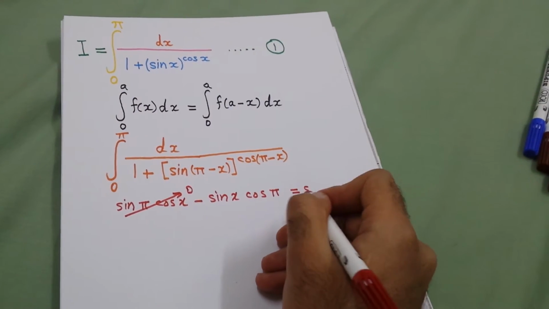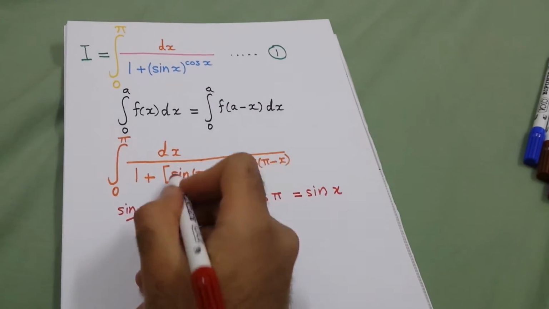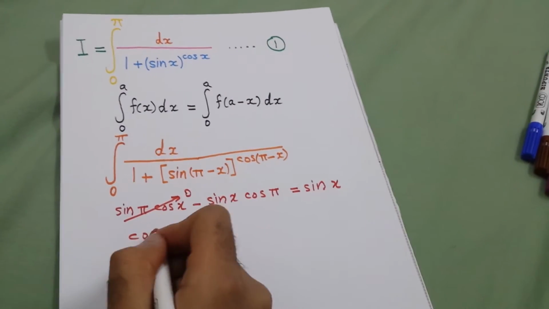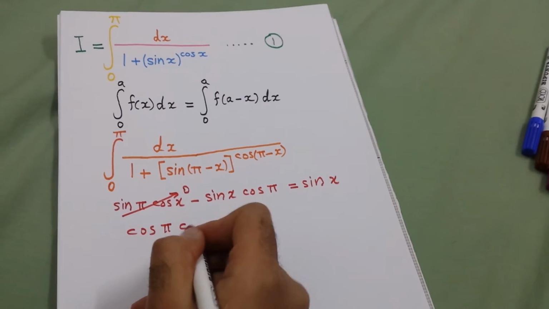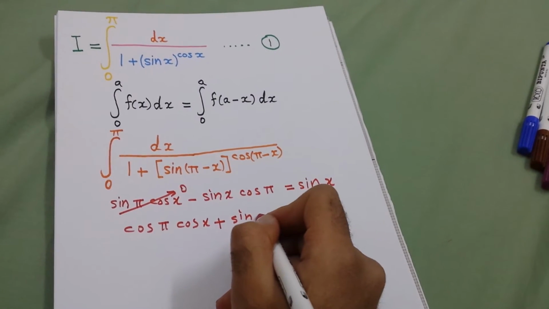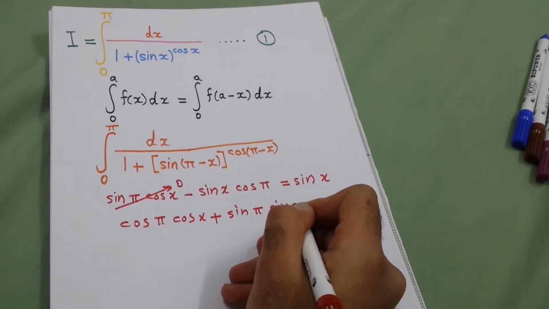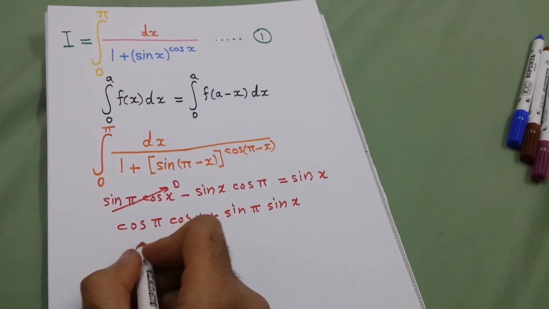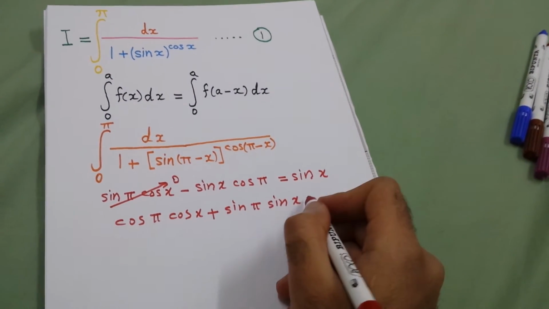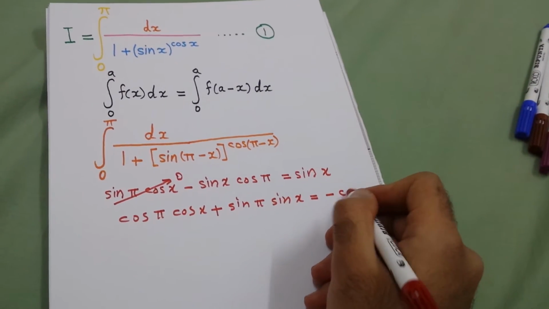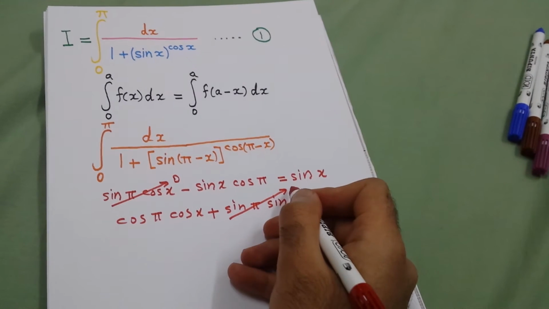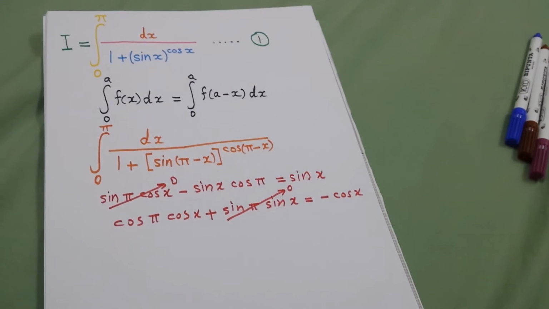So this equals sine x. And for cosine pi minus x it will be cosine pi cosine x plus sine pi sine x. Cosine pi is minus 1 times cosine x, it will be minus cosine x, because sine pi equals 0, so this term will be 0.